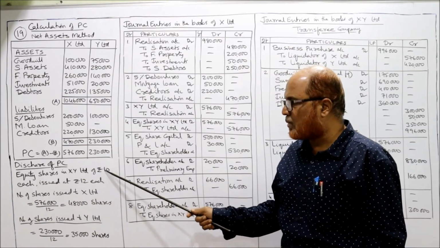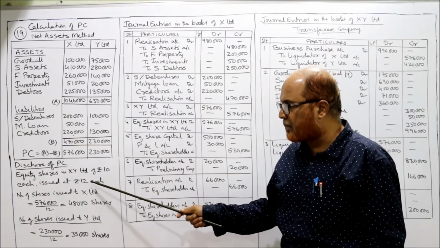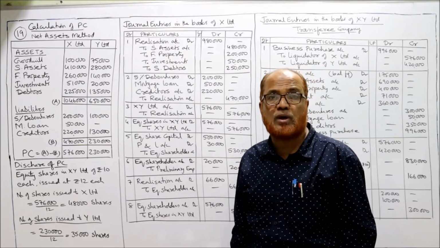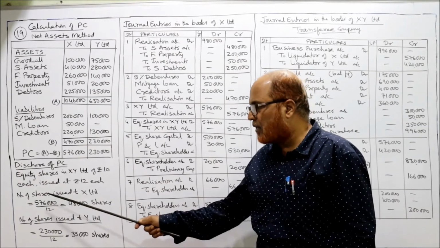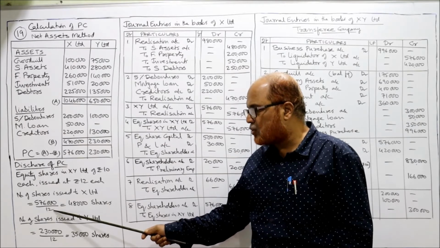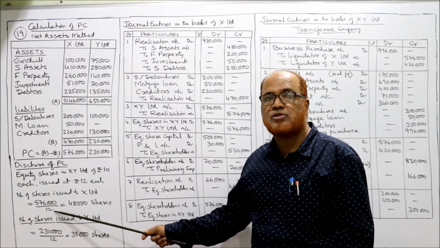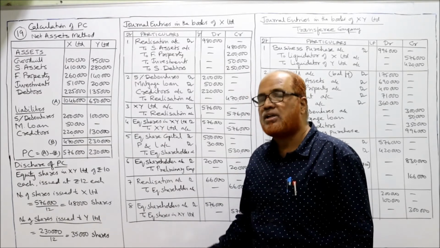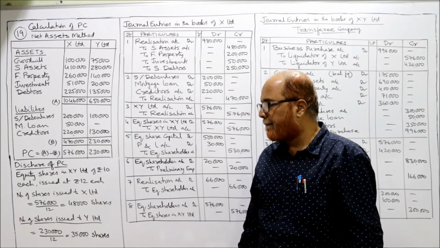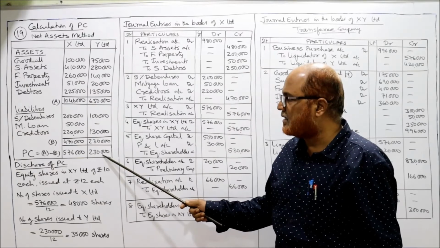Equity shares in XY Limited 10 rupees each, issued at a price of 12 rupees each. 10 रुपये का शेयर है लेकिन 12 रुपये में इश्यू कर रहा XY Limited. तो नंबर ऑफ शेयर्स टू बी इश्यूड टू X Limited 5,76,000 डिवाइड बाय 12. एक शेयर 12 रुपीस में इश्यू कर रहे, तो 48,000 शेयर्स विल बी इश्यूड टू X Limited. Similarly, Y Limited का PC 2,30,000.